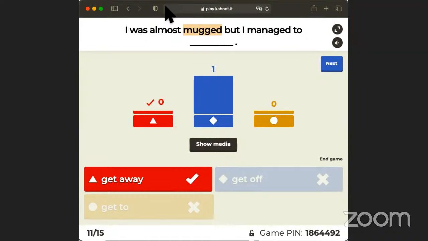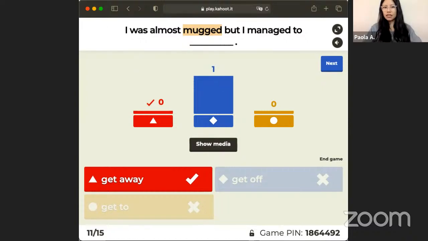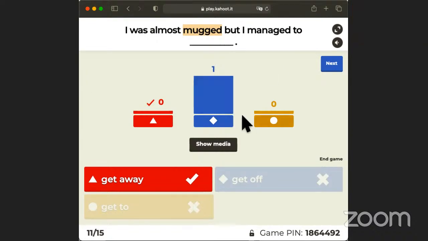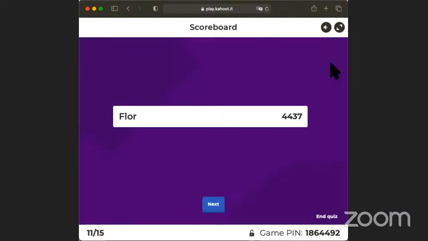Ah, okay. Robbed. Mugged is when they steal something really fast, in the street. That's mugged. All right. Let's continue.